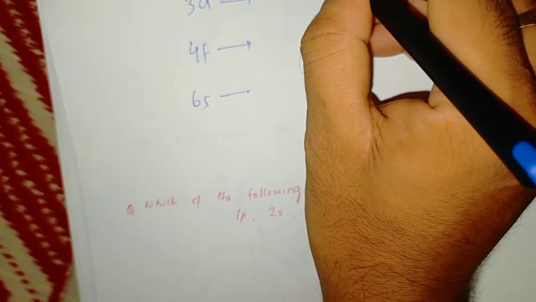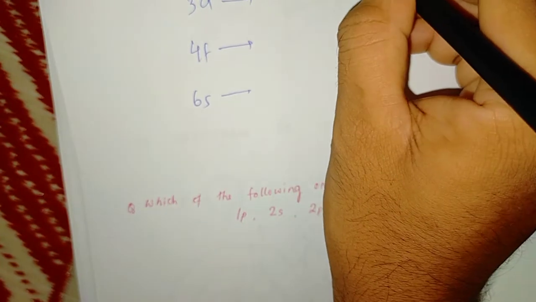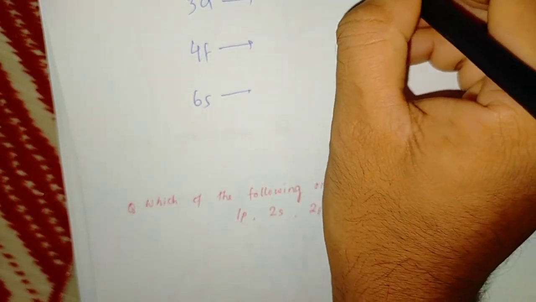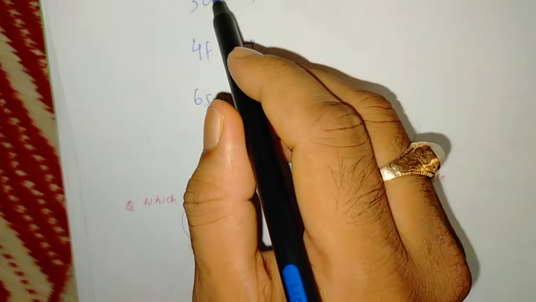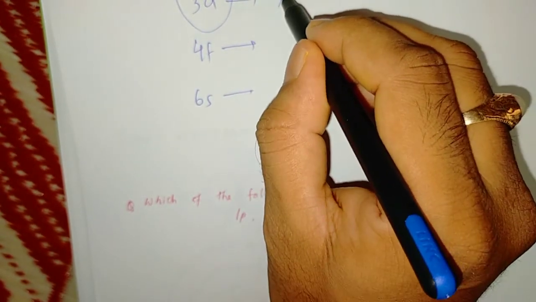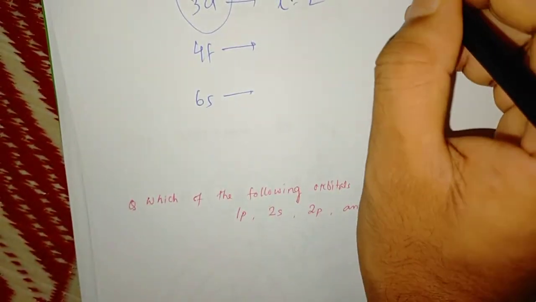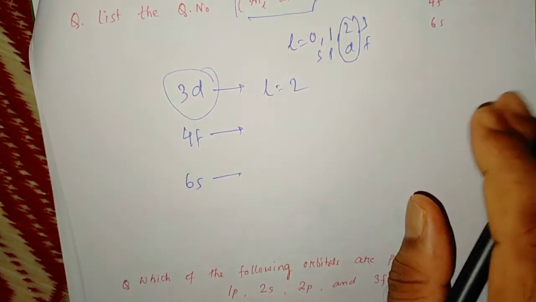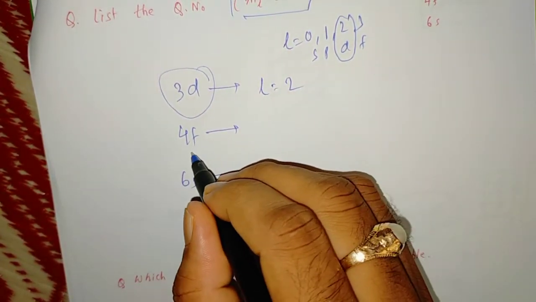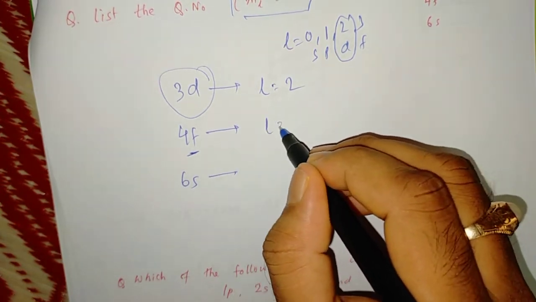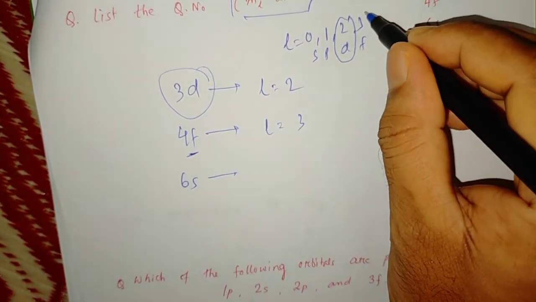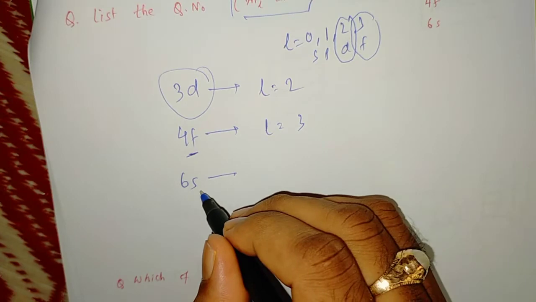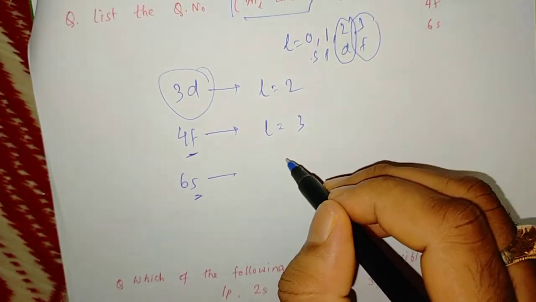We have learned l equal to 0, 1, 2, 3 for s, p, d, f. So 3d means l equal to 2, f means l equal to 3, and s means l equal to 0.